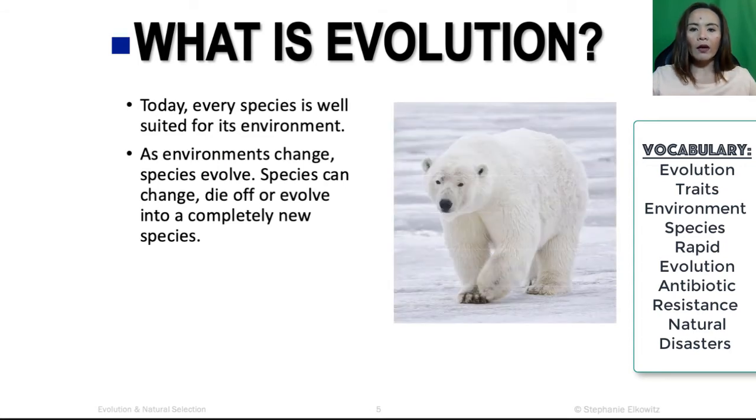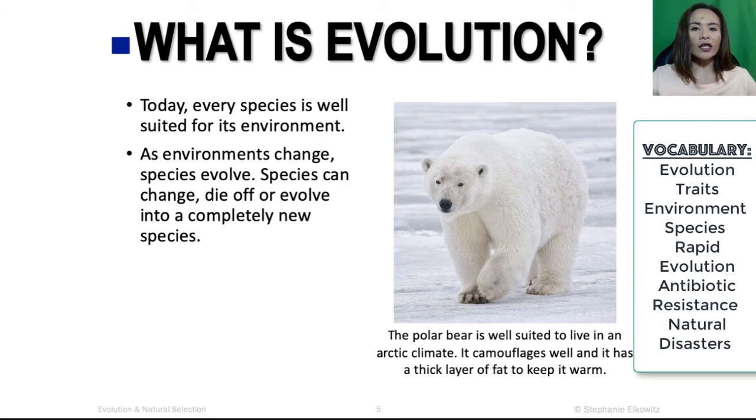The polar bear is well suited to live in an Arctic environment, and therefore it is adapted to it. It camouflages and it has thick layers to keep it warm, and therefore they're successful in living in the Arctic. So, the chance of a polar bear reproducing and surviving in that environment is bigger compared to other organisms.